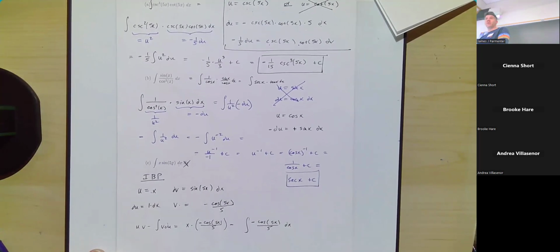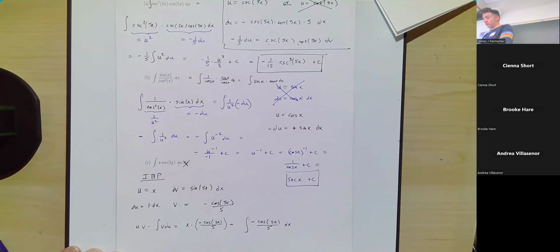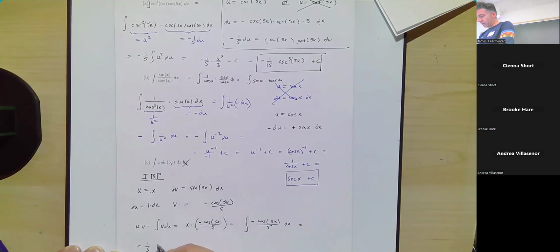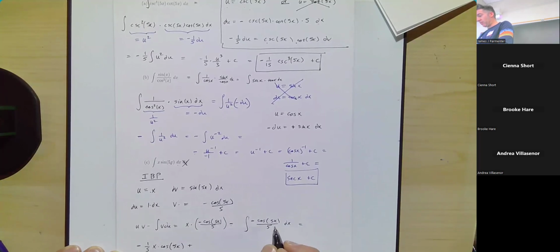I would do a little bit of rewriting before I actually found the final answer. So I would rewrite this first part here as negative 1/5 x times cosine of 5x, minus a minus is plus, and I'd bring out the 1/5 integral of cosine of 5x.